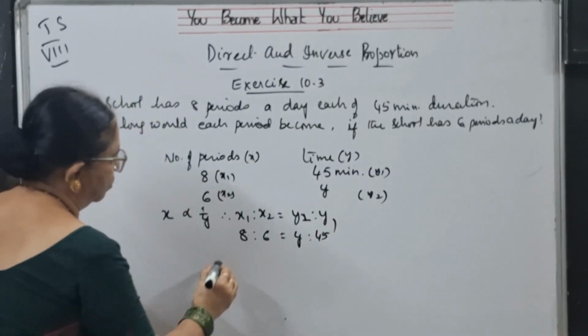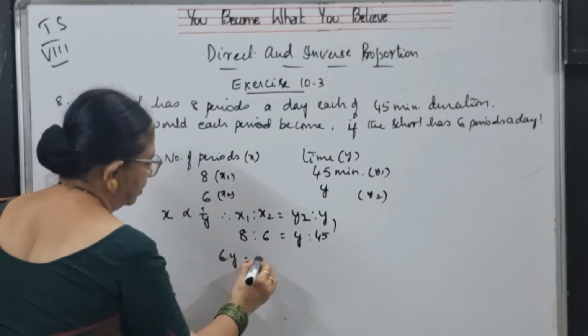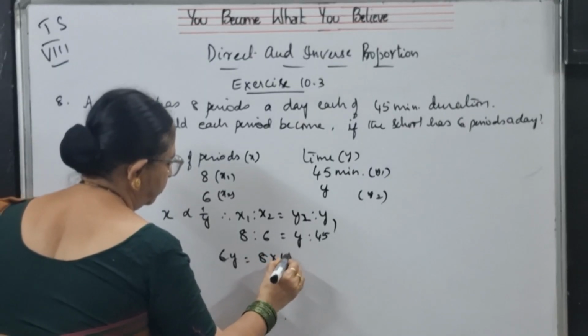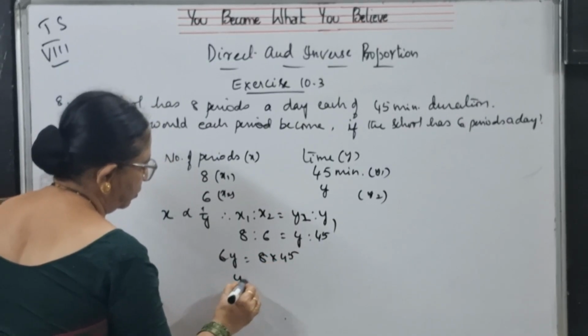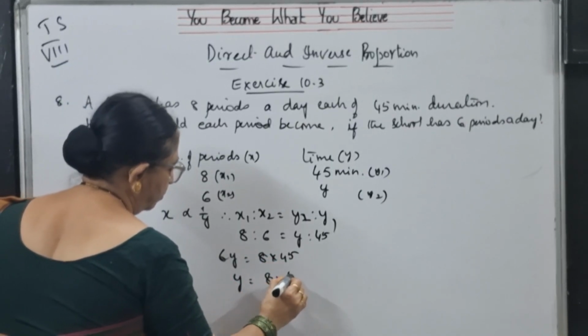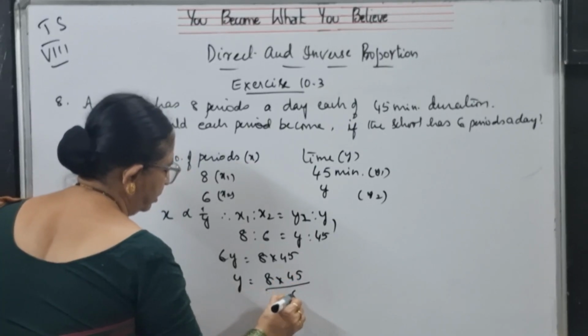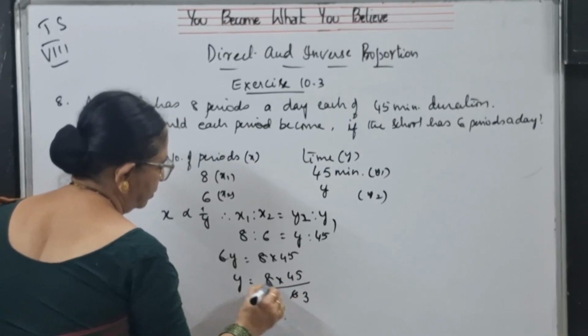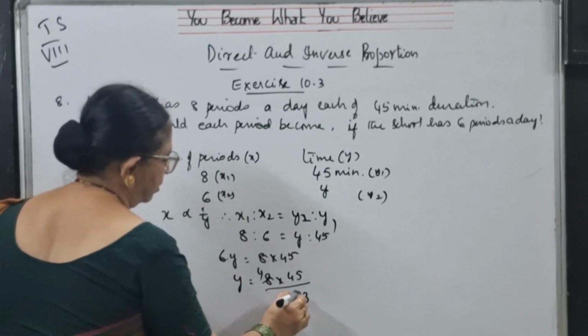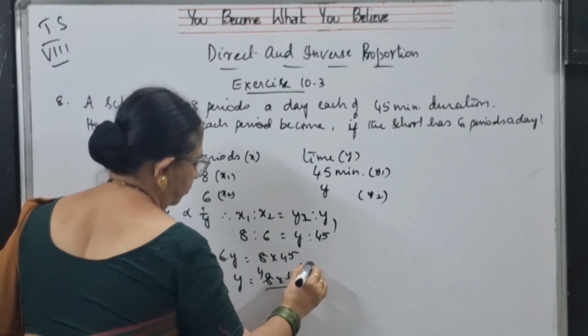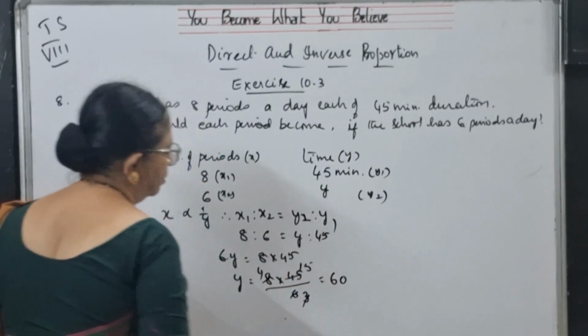Product of means is equal to product of extremes. 6y is equal to 8 into 45. What is y? 8 into 45 by 6. 2 3s are 6, 2 4s are 8. 3 1s are 3, 3 5s are 15, 15 4s are 60.